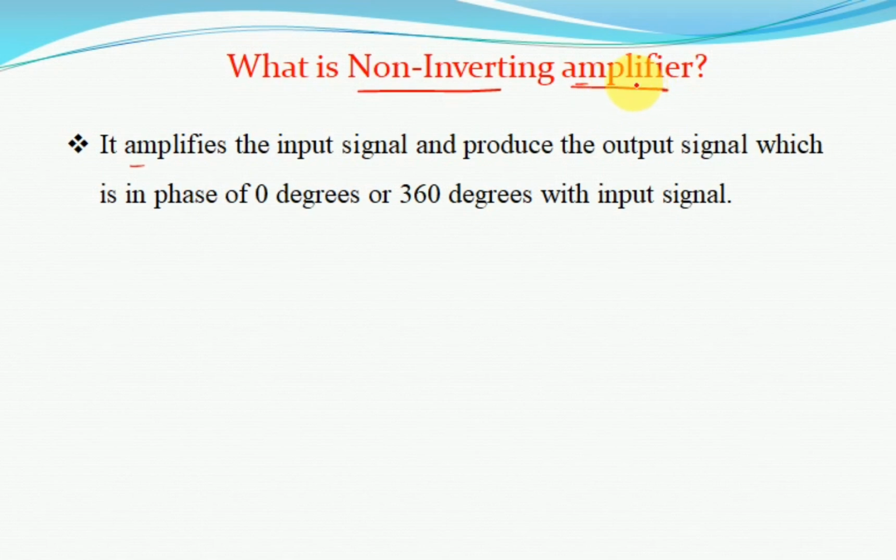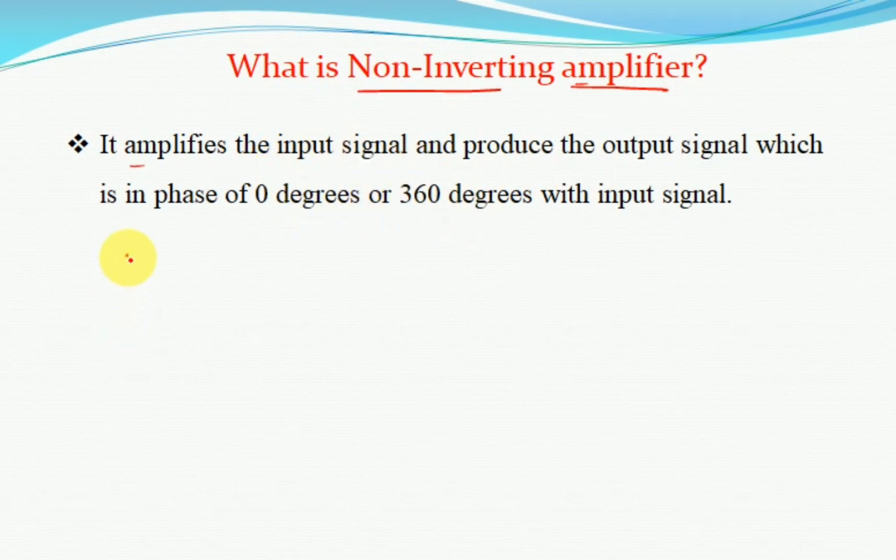So when the op-amp acts as an amplifier, even if the input is applied to the non-inverting terminal, we can say that the op-amp is a non-inverting amplifier. According to the definition, this op-amp will amplify the input signal and produce an output signal which has a phase shift of 0 degrees or 360 degrees with respect to the input.